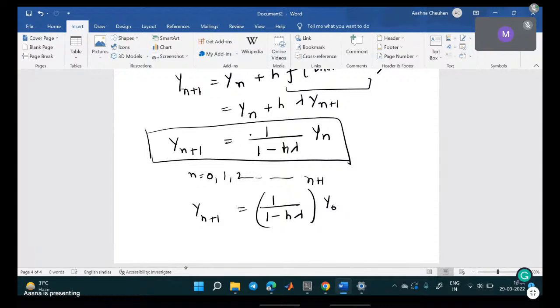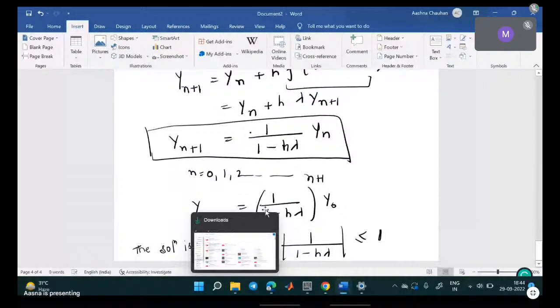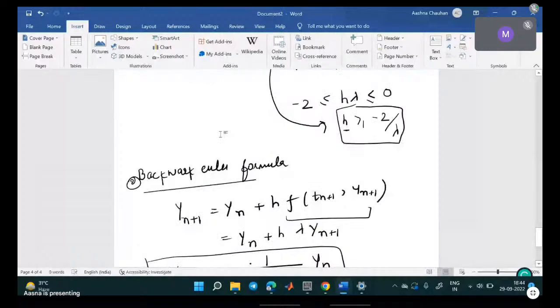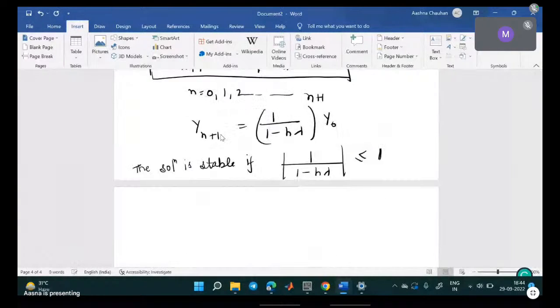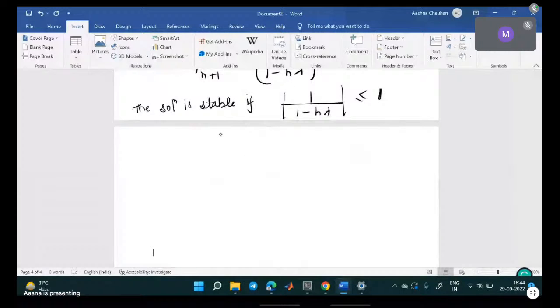So the method or the solution is stable if this 1 upon 1 minus h lambda, or also I can write, mod of 1 minus h lambda should be greater than or equal to 1, right?